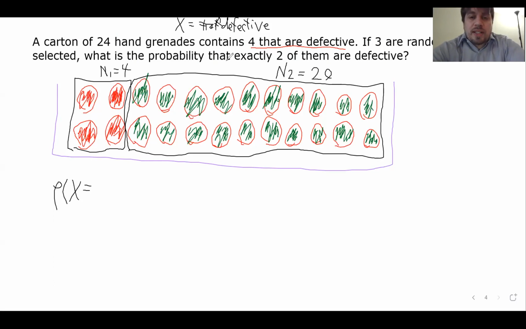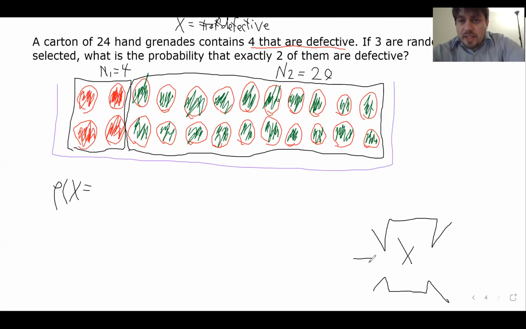And so capital X is that when you choose 3 of them. Here's the random variable X. Let's say you choose 3 randomly, and as one example, the 3 that you choose are: you choose this one, and these 2 are defective.